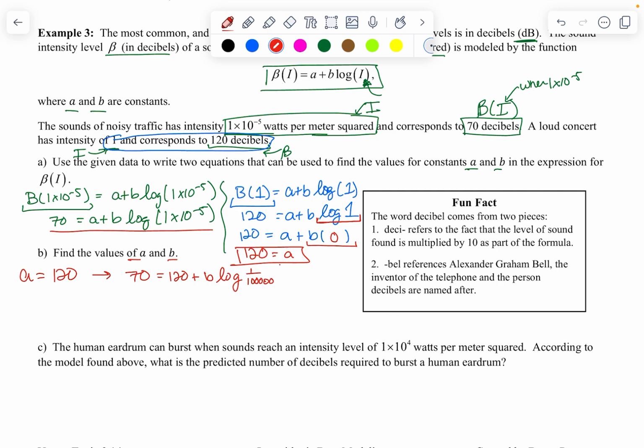All right, and now we're just going to solve this like we would any other log. We're going to subtract 120. So 70 minus 120 is negative 50 equals b log of 1 times 10 to the negative fifth, since we may have a calculator with this. We got to isolate the b, right? So we're going to divide both sides by log of 1 times 10 to the negative fifth.